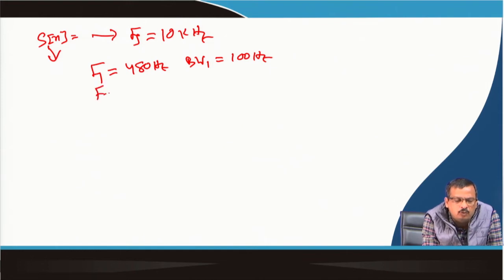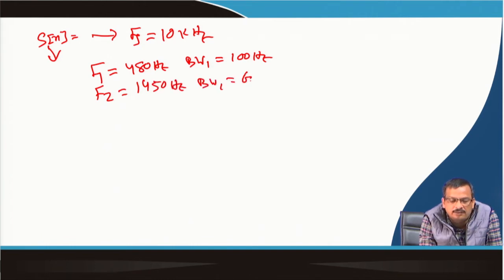Then I have an F2 of let us say 50 hertz and bandwidth of let us say 60 hertz. And I have an F3 of let us say 2250 hertz and bandwidth of let us say 50 hertz.